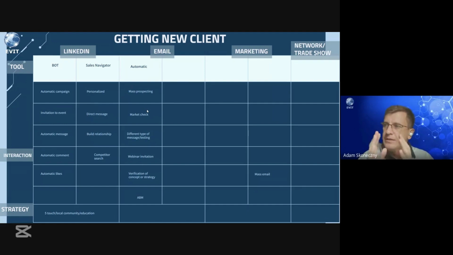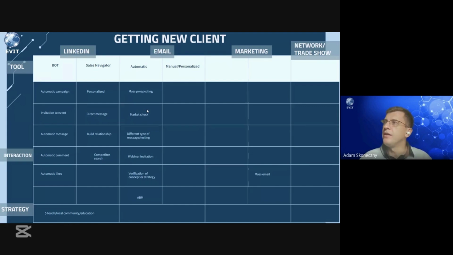But it's about choosing the 100 top clients, and then you spend a lot of effort to engage with them by multiple emails, by sending them gifts, by doing something unique that will bring their attention. Account-based marketing is becoming more and more popular, and it's becoming a much better tool to win bigger SME deals or corporations.